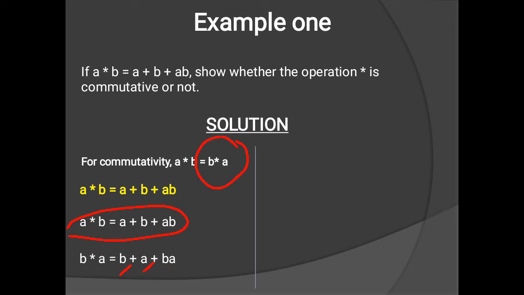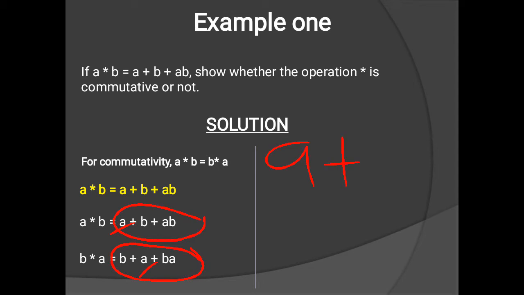so let's compare if the two answers are the same. A operation B gave us A plus B plus AB. Then B operation A gave us B plus A plus BA. Let's see. So we have A here, here and here. We have B, both are positives, so we have B, and then we have AB.